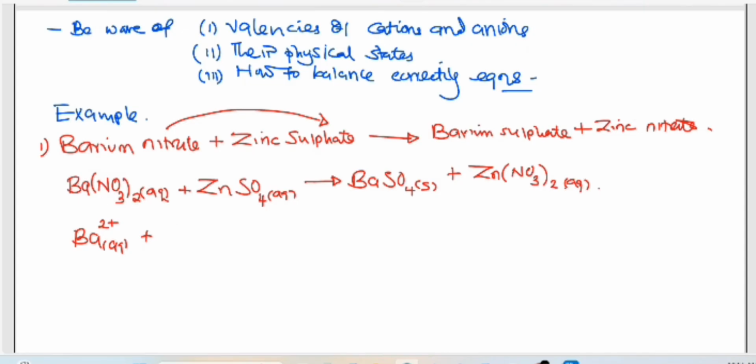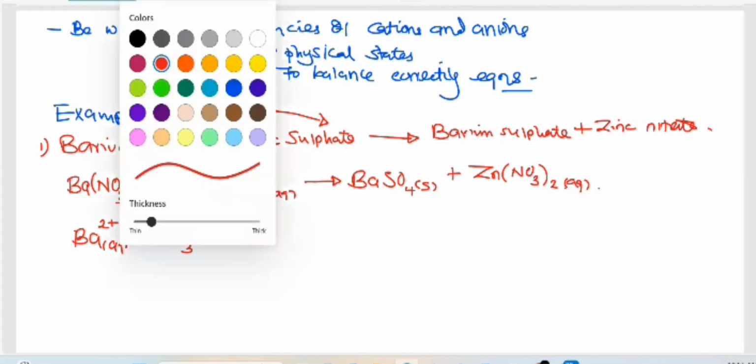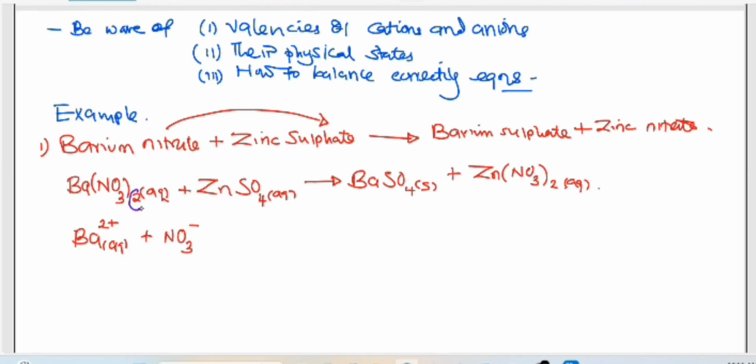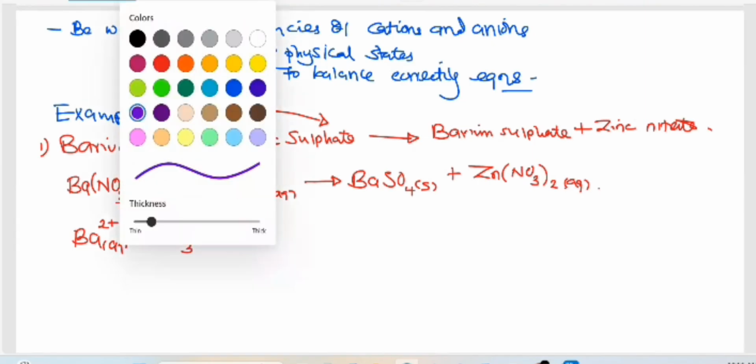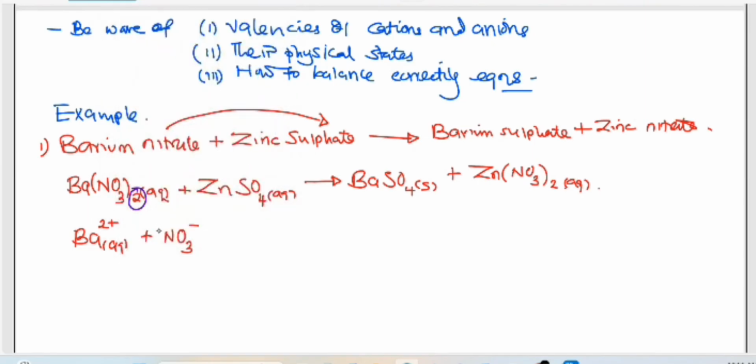The nitrates are 2, so nitrate is written like this. But we have something that we need to note: we have to balance this one, so it will be placed here so that it equalizes.